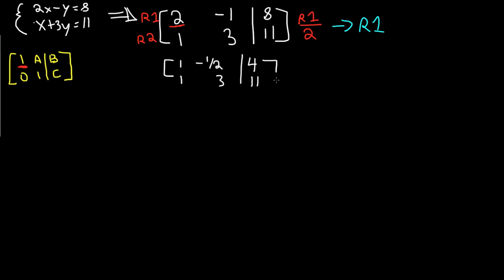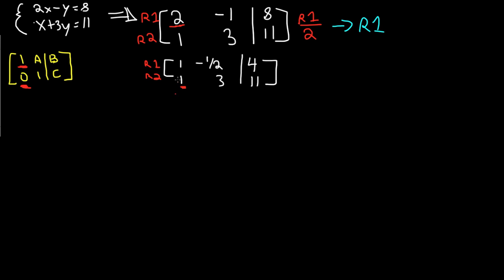Okay. What is our next goal? You see, there's a 1 right here. There's a 0 underneath a 1 all the time. We want that 1 to be a 0. How do we make that a 0? Well, there's one way. We would multiply row 1 by -1 and add it to row 2, which would give us 0.